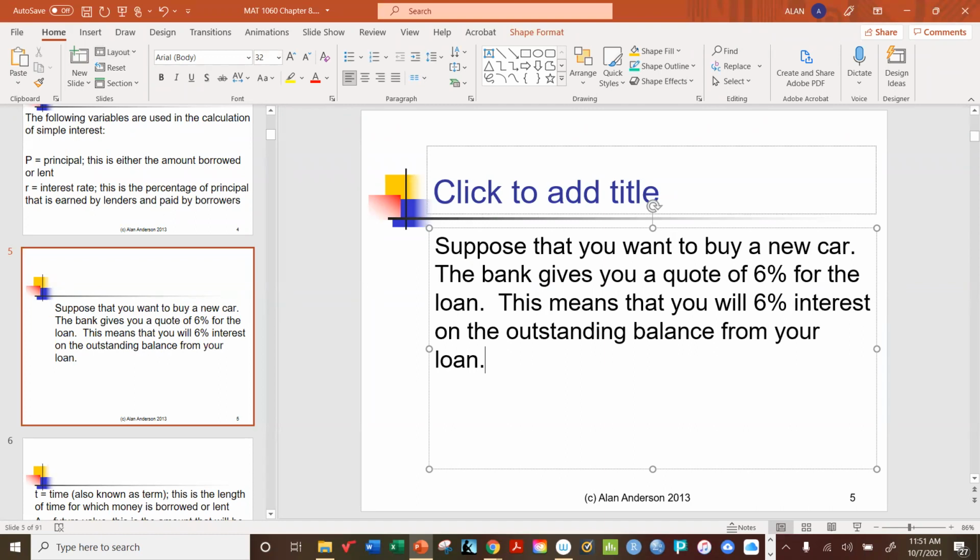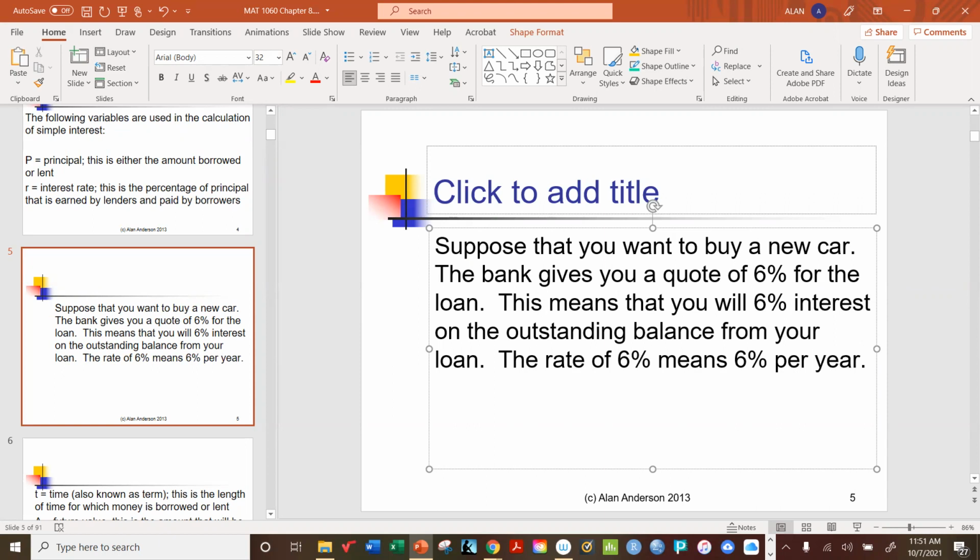Okay, so 6% means that that's how they figure out how much you owe them. The original amount you borrowed plus another 6% based on the outstanding balance, the amount you haven't paid back yet. And so the rate of 6% means 6% per year.